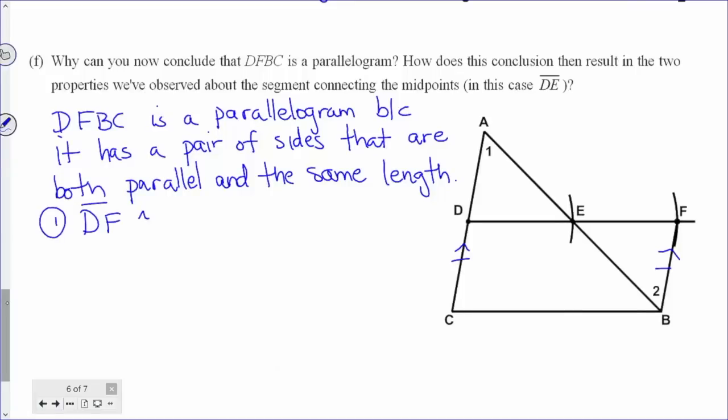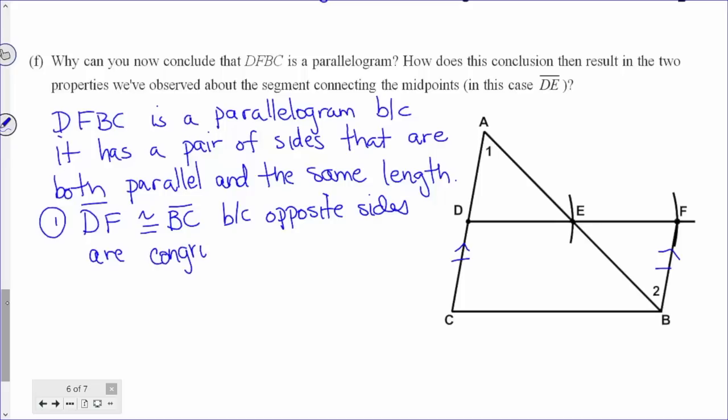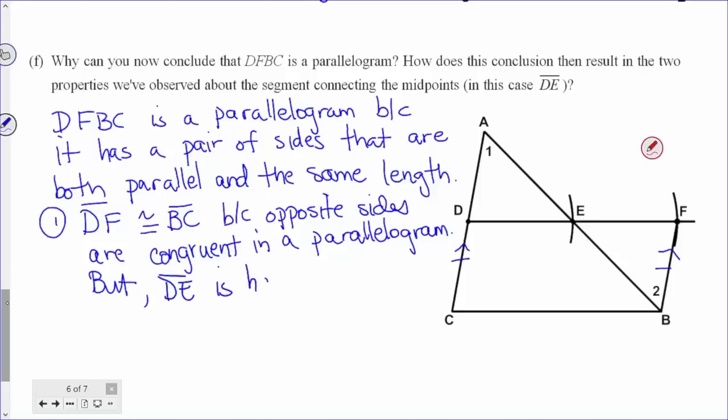DF is congruent to BC, or CB, but for some reason I'm going to say BC, because opposite sides are congruent in a parallelogram, but, right, DE, mystery red, DE is half the length of DF.